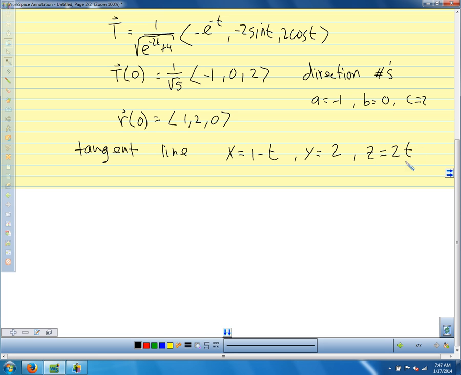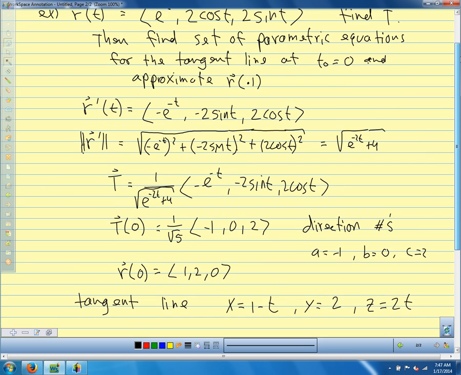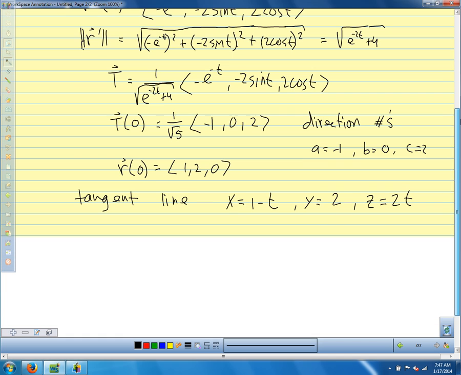And then if we wanted to use the tangent line to approximate r at t equals 0.1. Well, at t equals 0, this gives us our point here at r of 0.